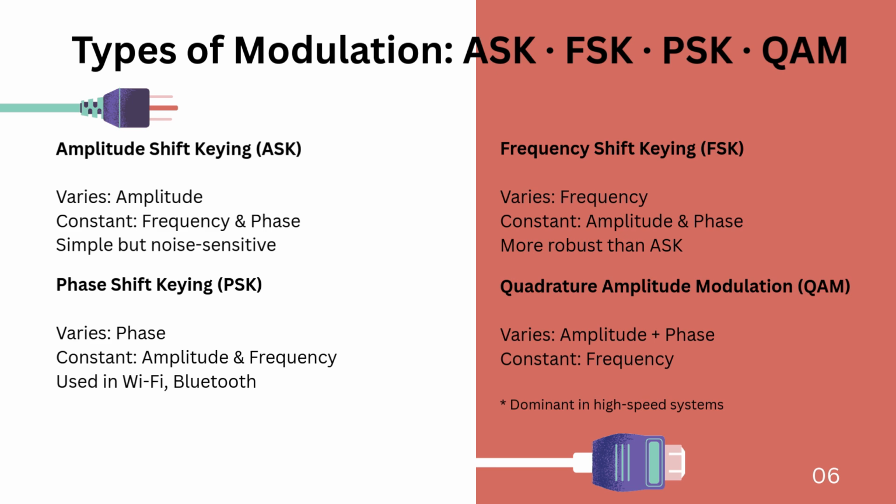This is when only the phase is changing, and this is used in Wi-Fi and Bluetooth. The last one is QAM. This is when both amplitude and phase change. And this method is very efficient and used in high speed wireless systems as well.